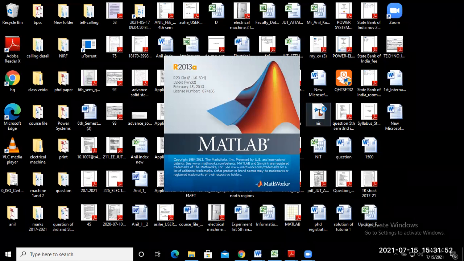It is taking some time to open MATLAB. We require all the components of the previous circuit. Here also only the load changes, that means in place of purely resistive we consider RL. So only change the load parameters.